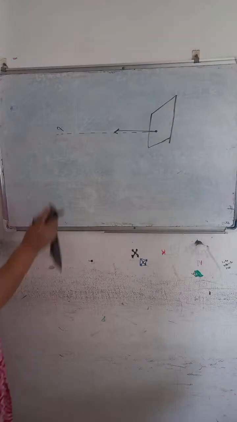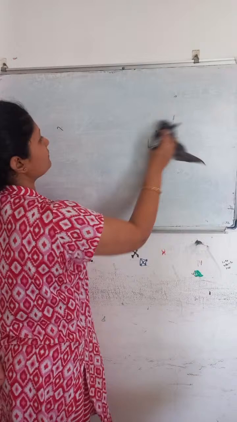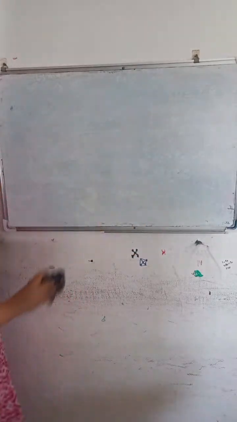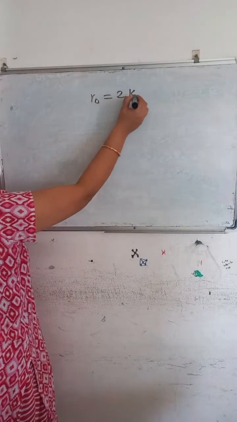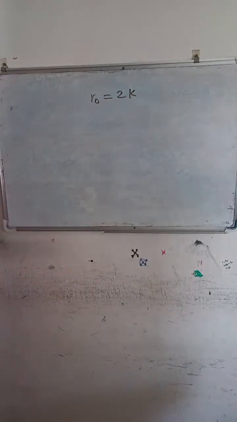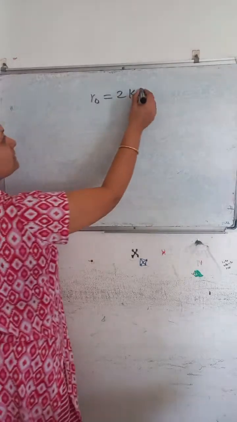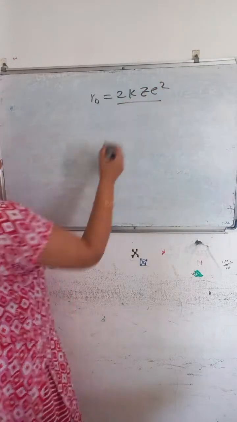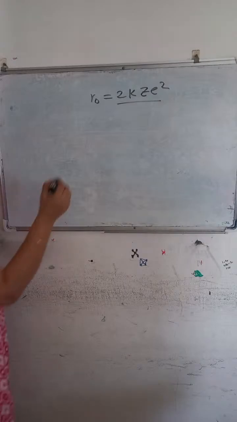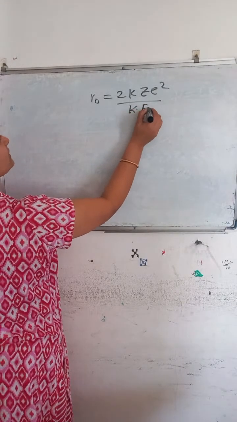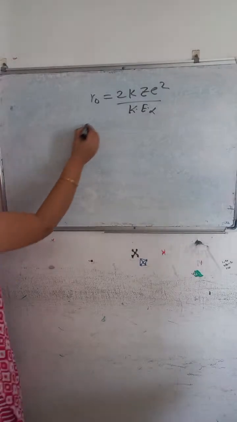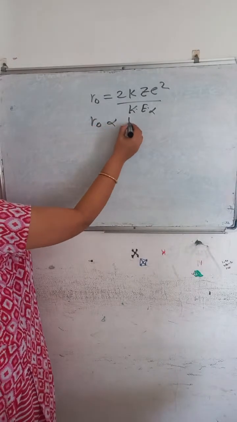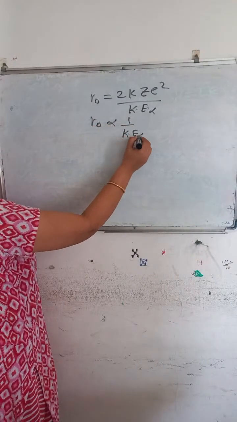We know the formula for closest approach, denoted by r naught: r naught is equal to 2kZe square divided by the kinetic energy of the alpha particle, where k is a constant. That means r naught is inversely proportional to the kinetic energy of the alpha particle.